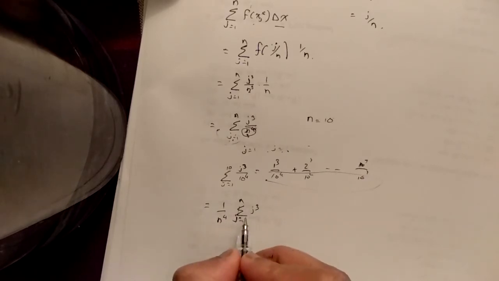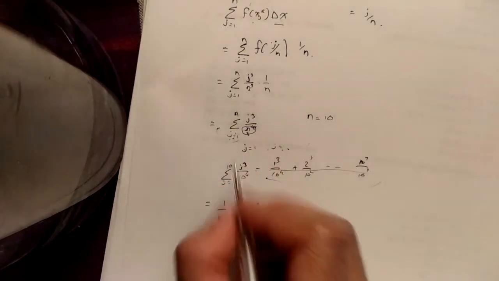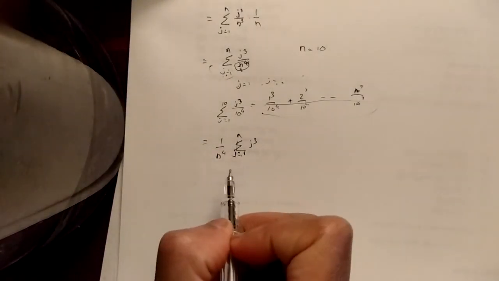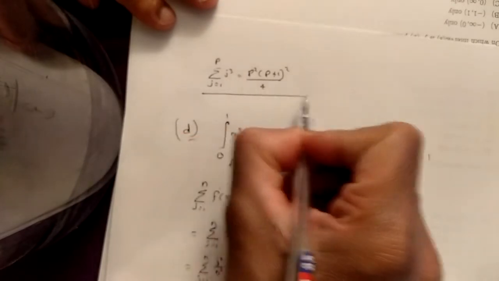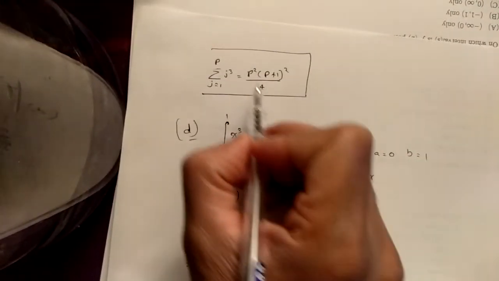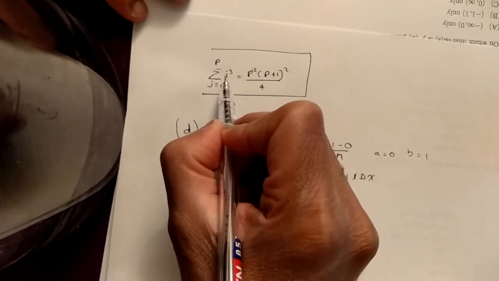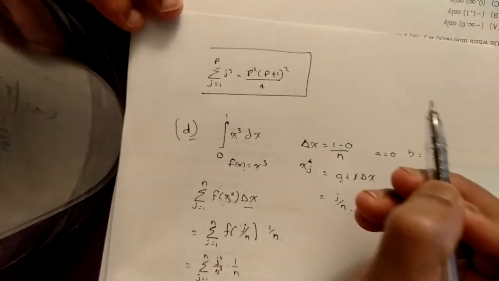So this is a very important observation that you can make, okay? And this step will be used several times, right? So now in the question they have given you this standard formula, which is the sigma of j cube starting from 1 up to p will be given by this term.